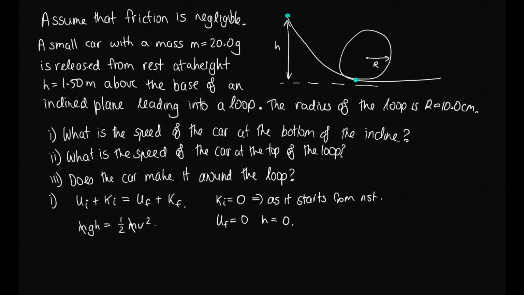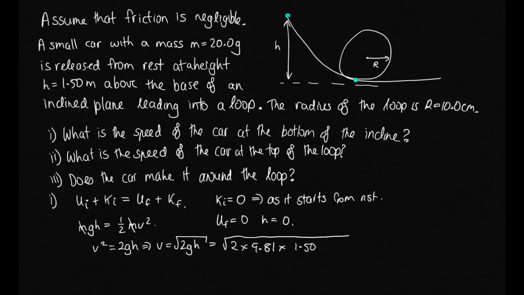So these m's cancel out, and we can rearrange it to get v squared is equal to 2gh, which tells us that v is equal to the square root of 2gh, which is equal to the square root of 2 times, let's use 9.81, times h, and h in this case we were told was 1.5 meters. So we can then solve that on the calculator, and we get 5.42 meters per second.